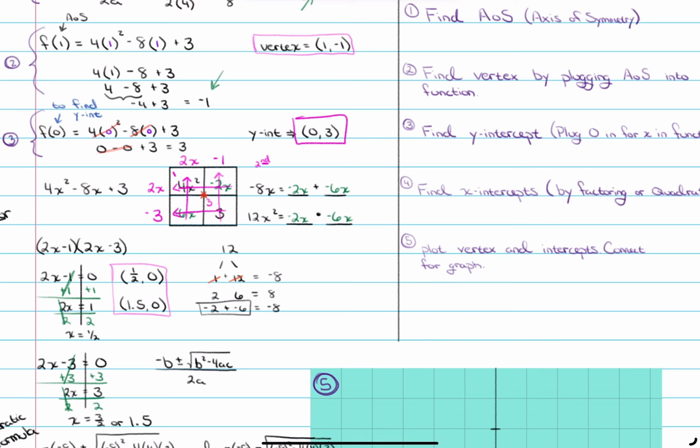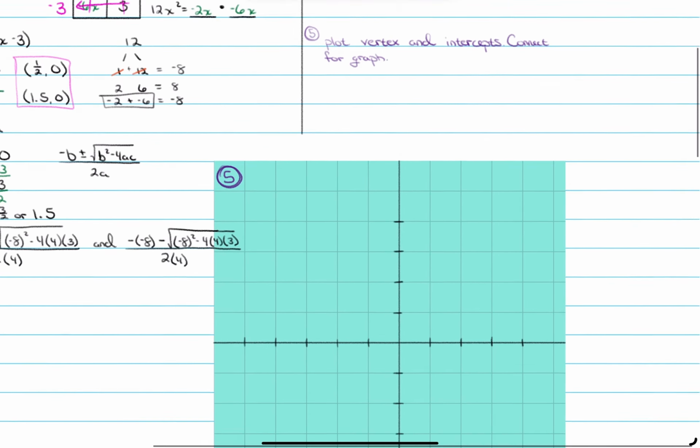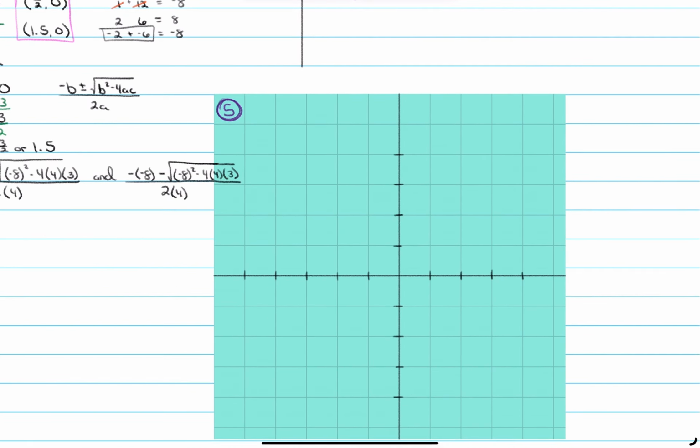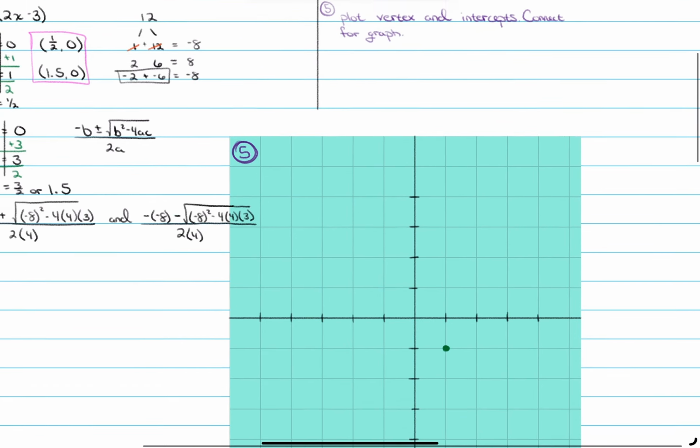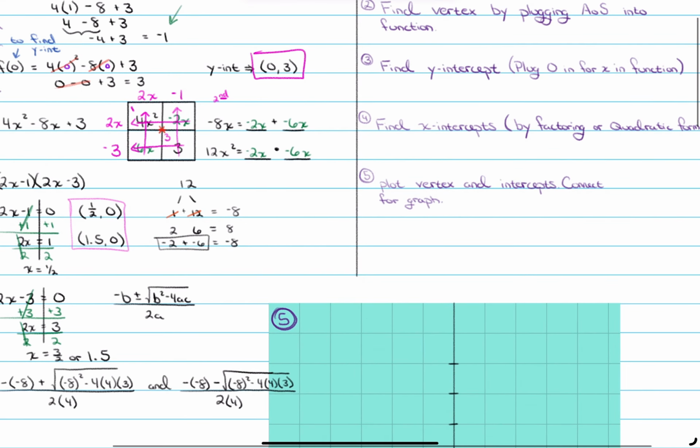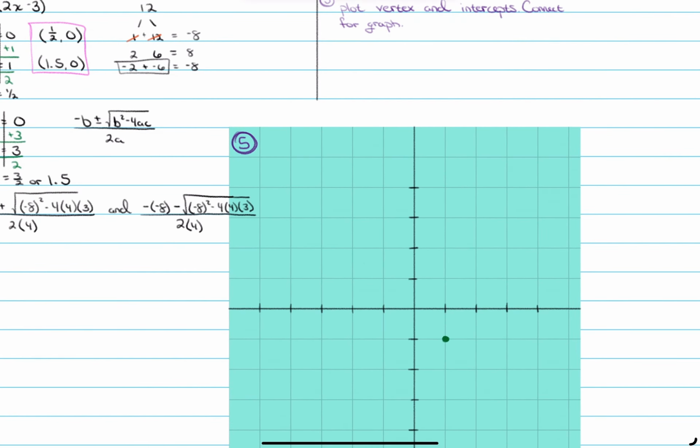So first thing we're going to graph is our vertex right here, 1, -1. So I'm going to plot this point, 1, -1 right here. That's our vertex. And then I'm going to plot my y-intercept. My y-intercept was 0, 3. So plot that point there. And then plotting my x-intercepts, those are these over here.